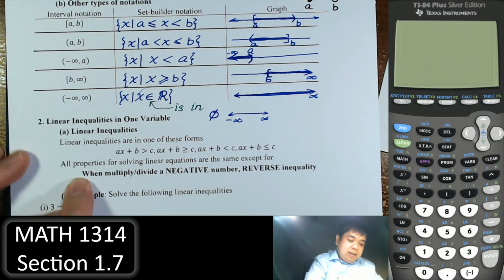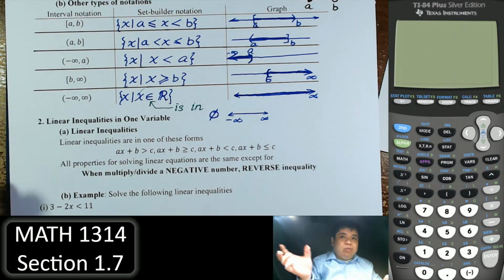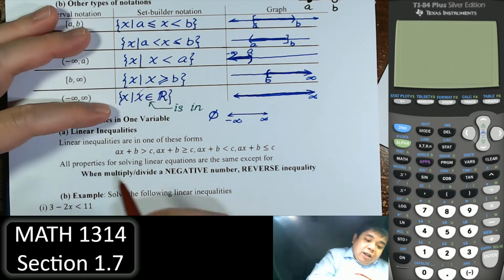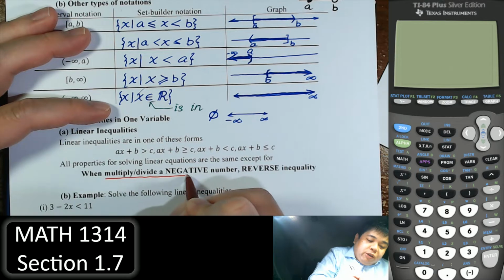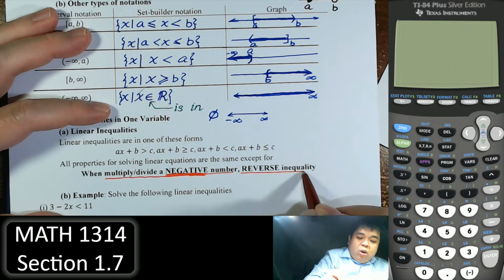And all the properties for solving linear equations apply: add something on both sides, subtract something on both sides, multiply or divide something on both sides will be the same, except when we multiply or divide by a negative number, only by a negative number, we have to reverse the inequality.